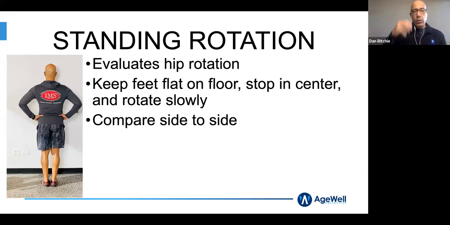So one of the best ways to look at rotation, for example, or any range of motion, is to compare the individual to themselves. Compare left and right sides. The body does not like to deal with huge asymmetries in range of motion. So what we generally look for are less than 10 degrees of asymmetry. The body will always be relatively asymmetrical. What we don't want are huge differences in asymmetry, because these are the things that will cause the client or the individual to compensate.